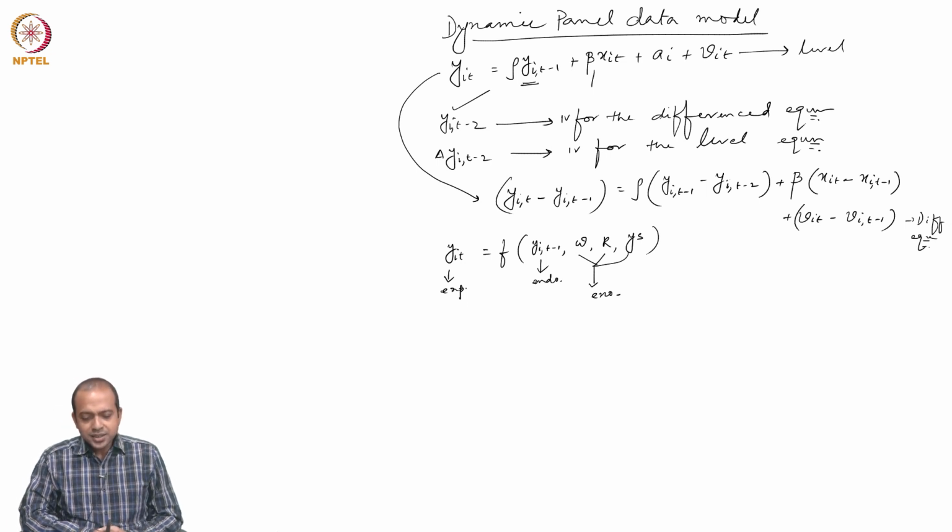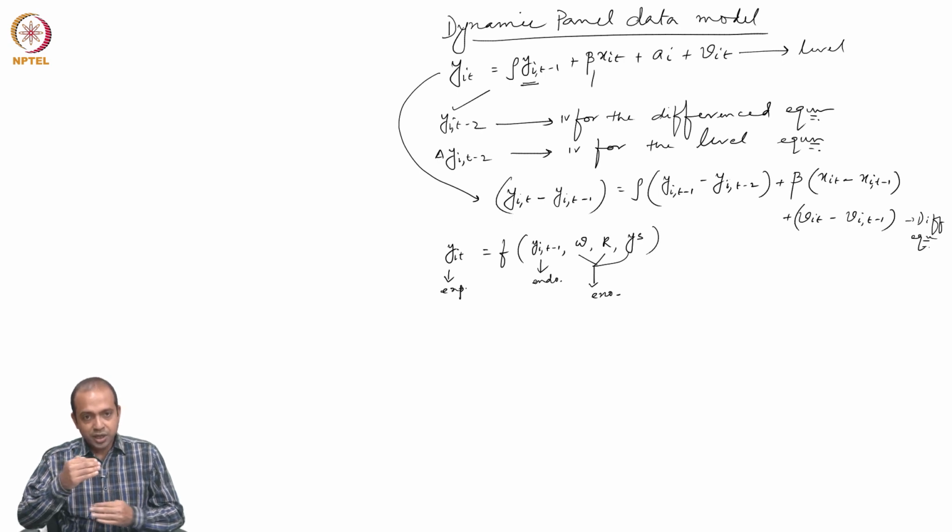At the same time, wage and employment are sometimes determined simultaneously. Wage comes from a labor demand function and employment from a labor supply function.